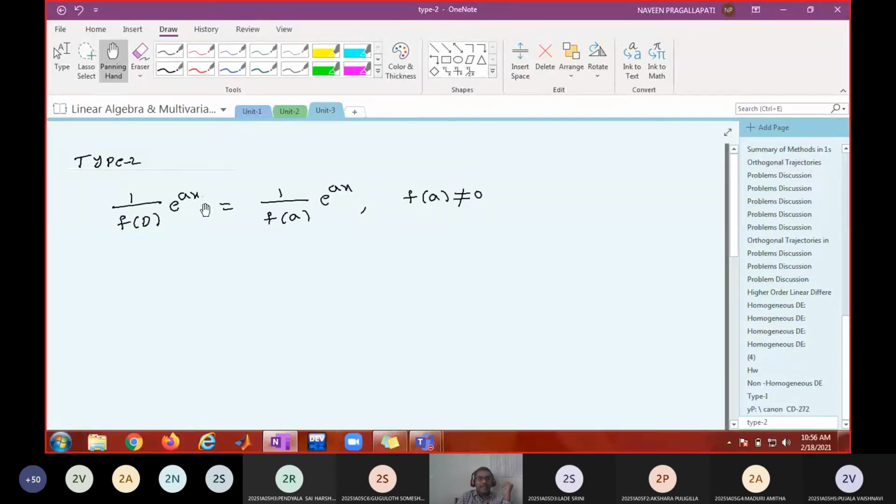If it is operated on e power ax, replace d with a. And if f of a is not equal to 0, then you can use this formula.